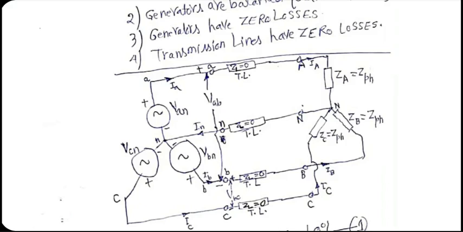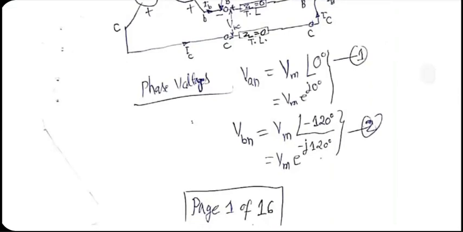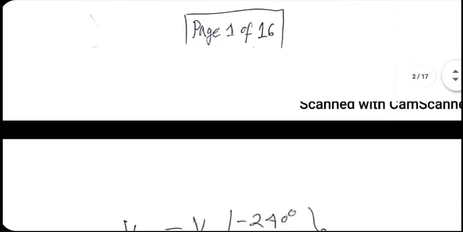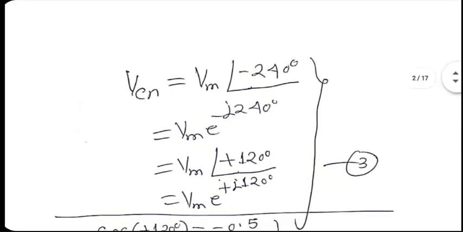And then we have a neutral wire also, which has got current I small n. Based on this diagram, I wrote the values of the phase voltages in complex domain as shown by equations 1 and 2, assuming positive phase sequence. And then the phase 3 voltage is also written here.